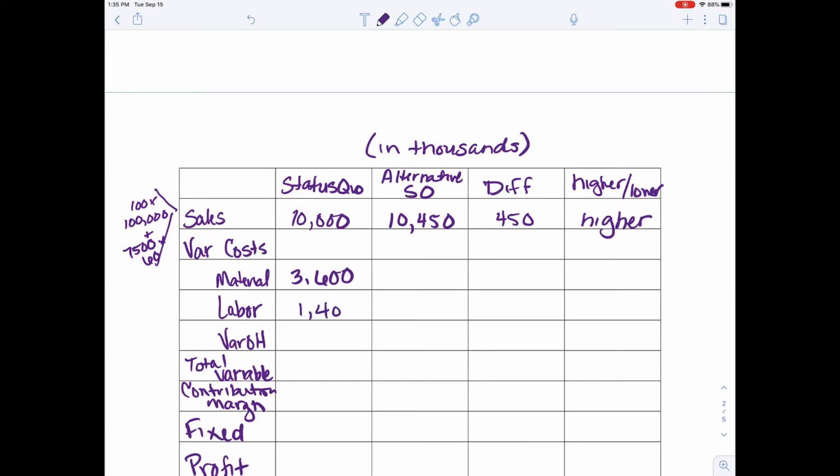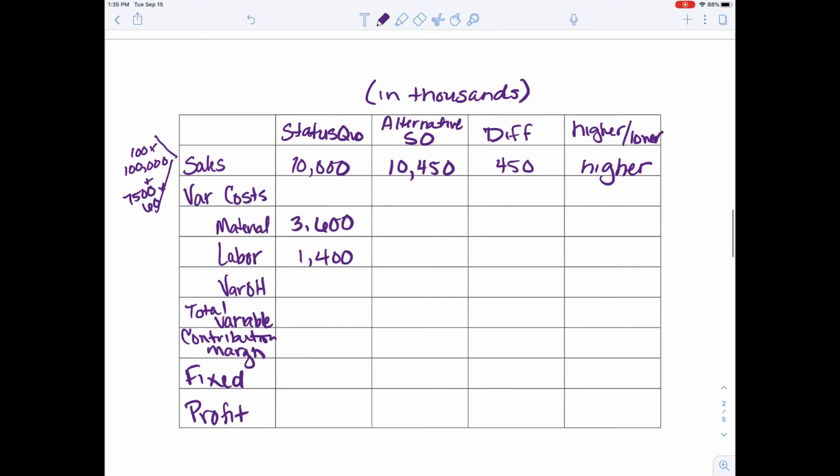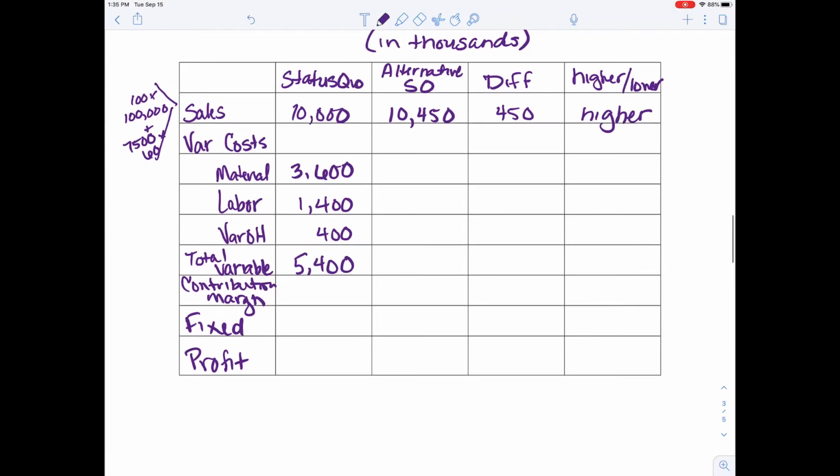And labor was $14. These numbers are easy because it's 100,000 units, and 400. So that's going to give me a total variable cost of $5,400, leaving me a contribution margin of sales minus variable costs of $4,600. Subtract out those fixed costs to give me a profit of $2,800.